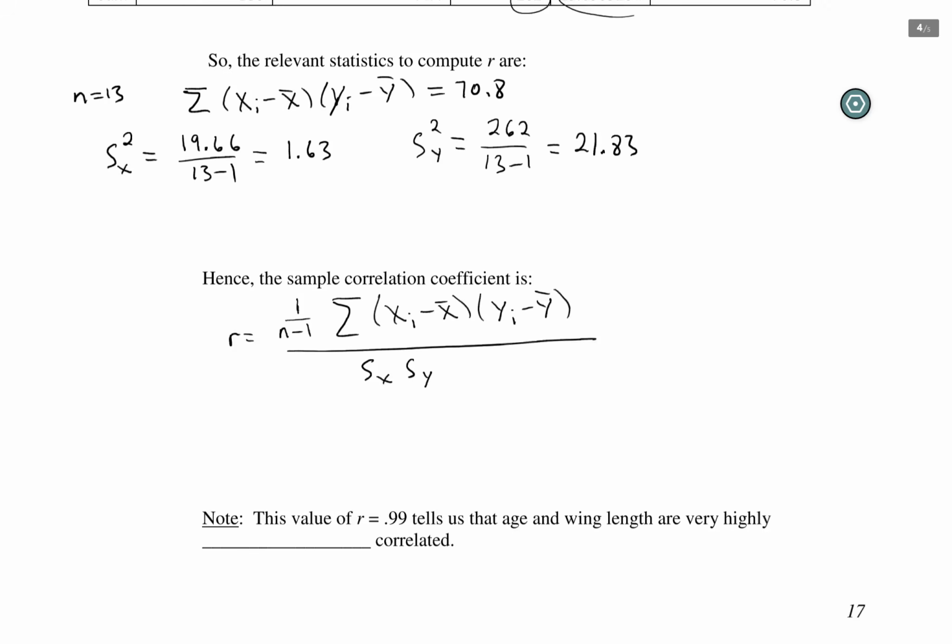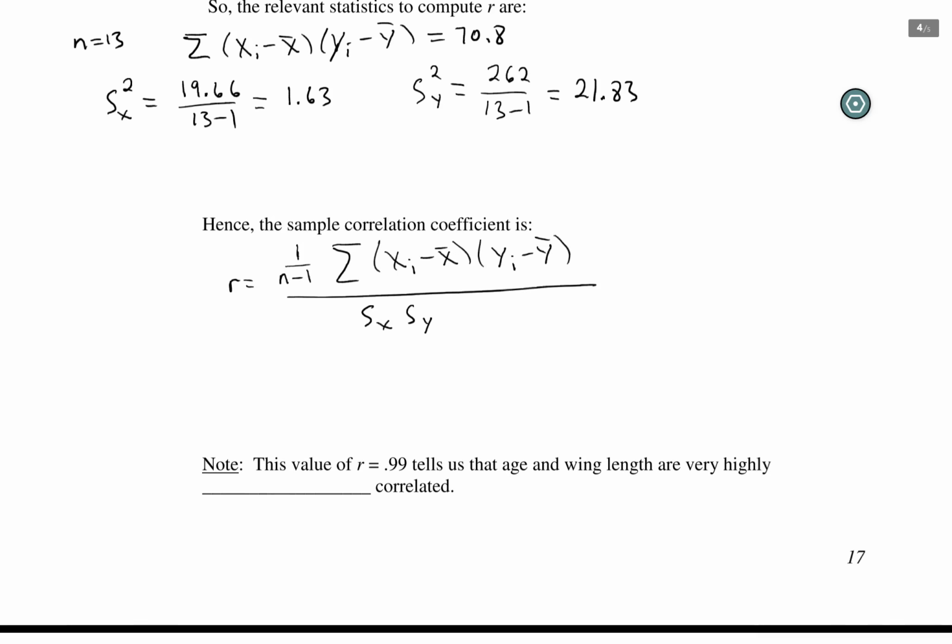So coming back to the sample correlation coefficient, if I plug in there, I have 1 over 13 minus 1 times 70.8 divided by s sub x. So I have to take the square root. I need to take the square root of 1.63 and the square root of 21.83. That's the standard deviation of y.